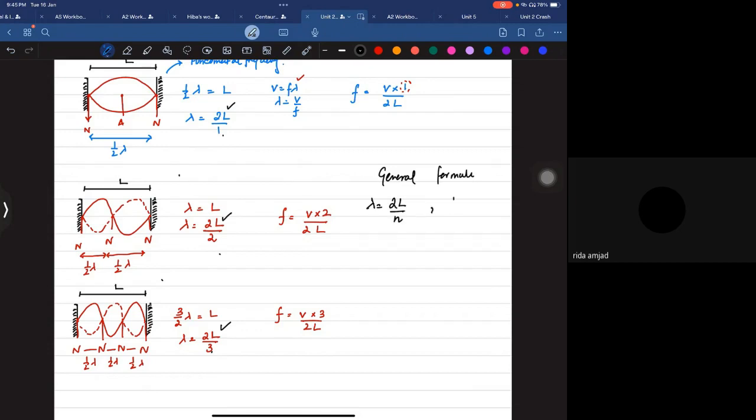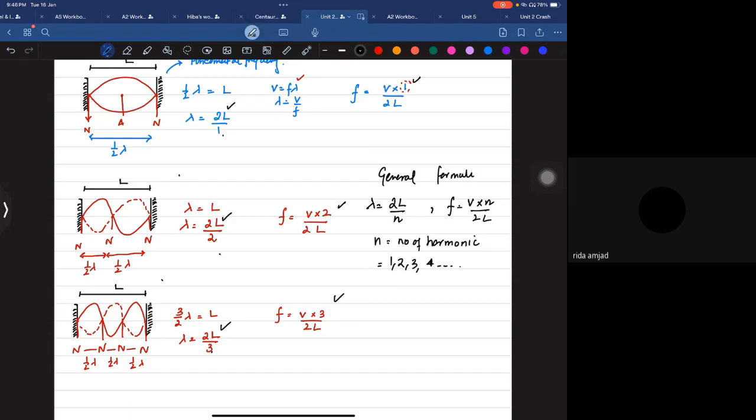And if I want to find the frequency, it will be V times n over 2L, where n is called the number of harmonics. Harmonics means the number of frequencies that can be generated. It starts with 1, 2, 3, 4, and so on. If I say you have to find the 1000th harmonic, you can put 1000 in place of n and find that.